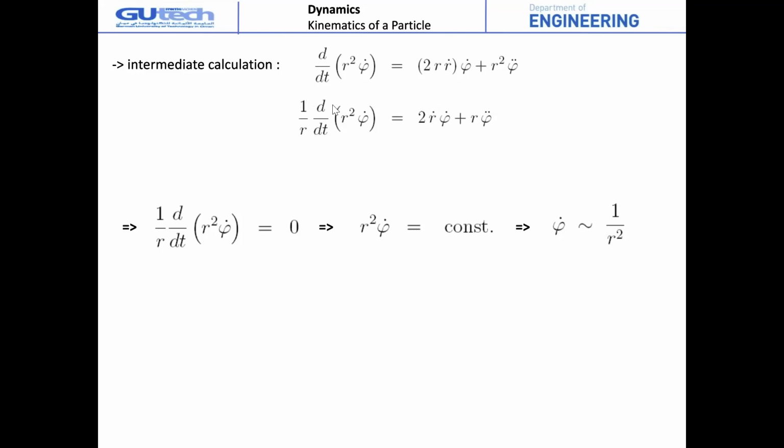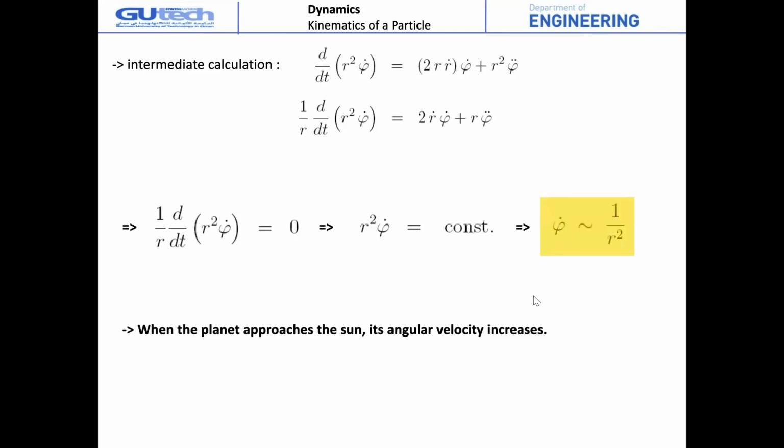If we simplify the expression, we get that a_phi is 1 over r d over dt of r squared phi dot, equal to 0. Then phi dot is inversely proportional to r squared. It means that when the planet approaches the sun, its angular velocity increases.